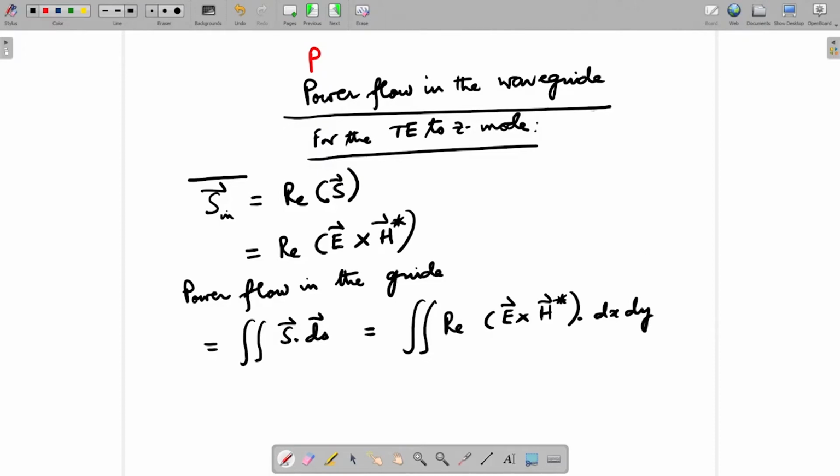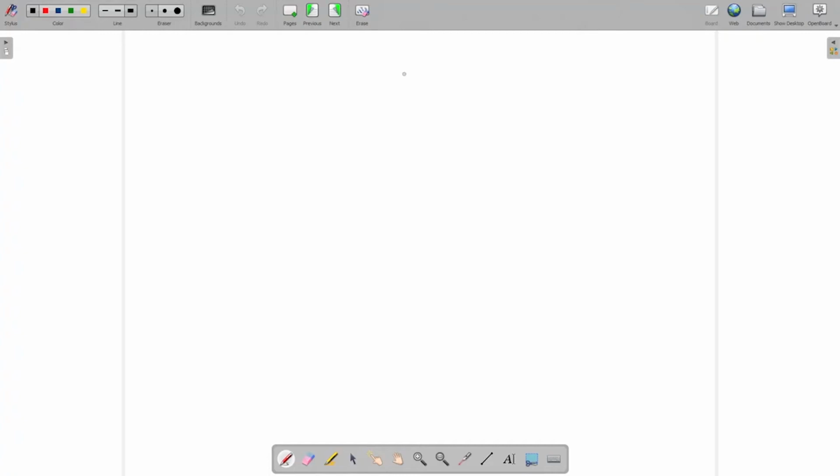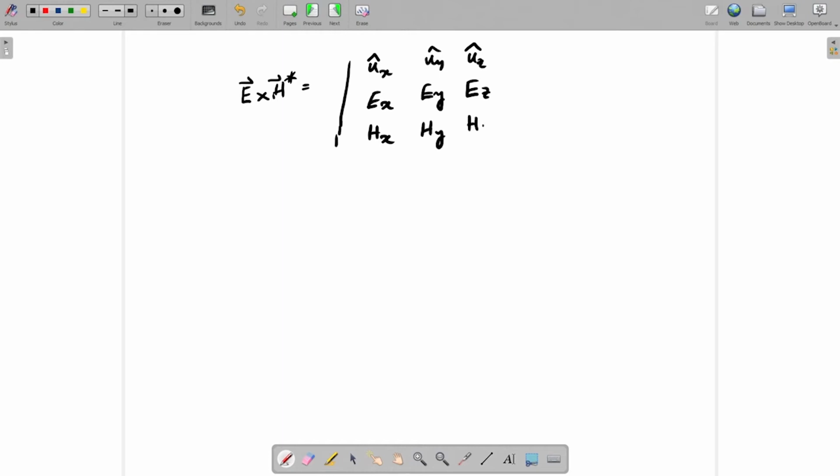Now, E cross H star is nothing but the determinant with rows u x, u y, u z; E x, E y, E z; H x star, H y star, H z star.